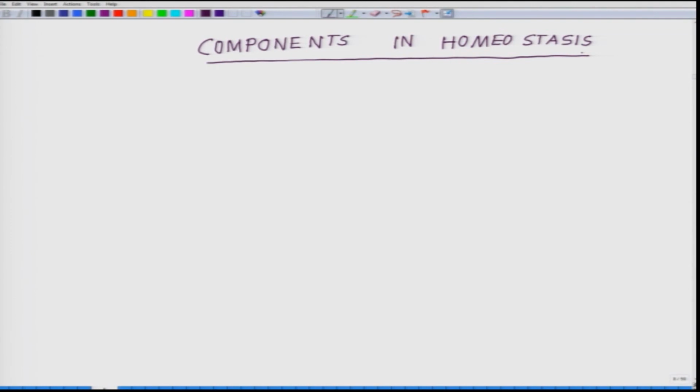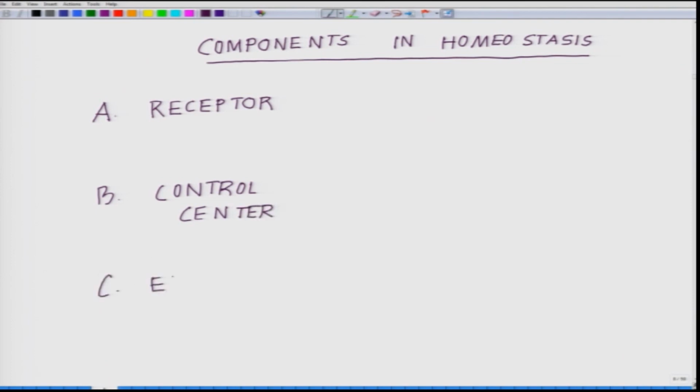The components in homeostasis are, first of all, a receptor, which acts as a sensor, we will come to that. Then you need a control center. Third, an effector which will take care of it, and we will give examples of each of these three.